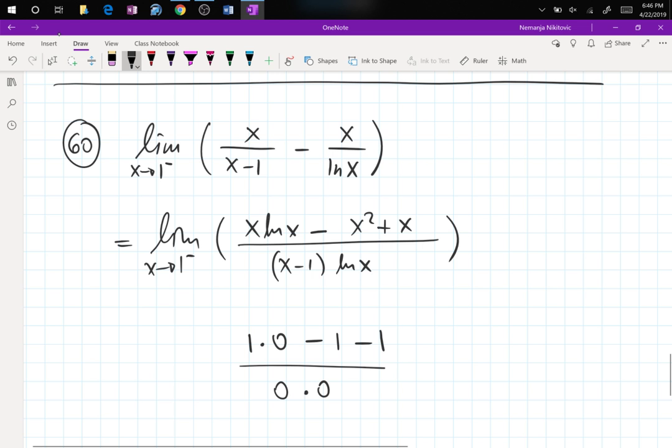So 1 minus 1 times 0 minus 1 squared. Oh no, this is a plus 1 here, sorry. Plus 1, there we go. So do we see that we have 0 over 0? So common denominator helped.